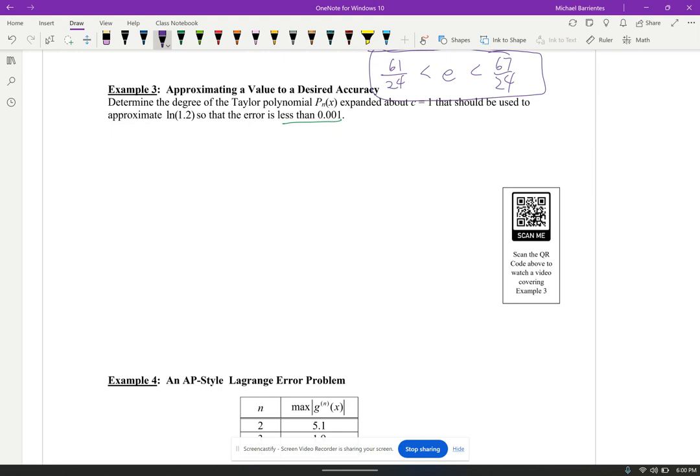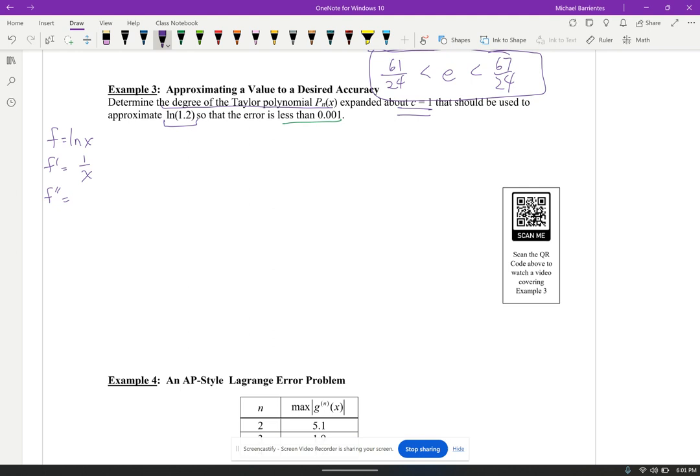So let us begin. The degree of the Taylor polynomial P of n expanded about c equals 1, and we're going to look for the natural log of 1.2. So that should tell you that our original function is natural log of x. Our derivative function is a derivative of the natural log. And I'm going to continue to take derivatives.